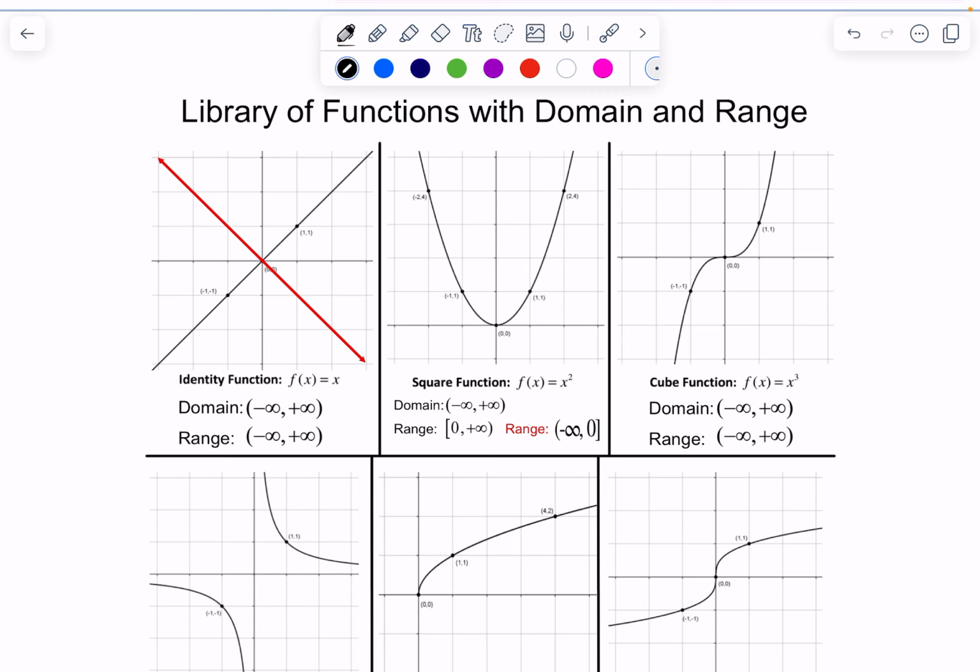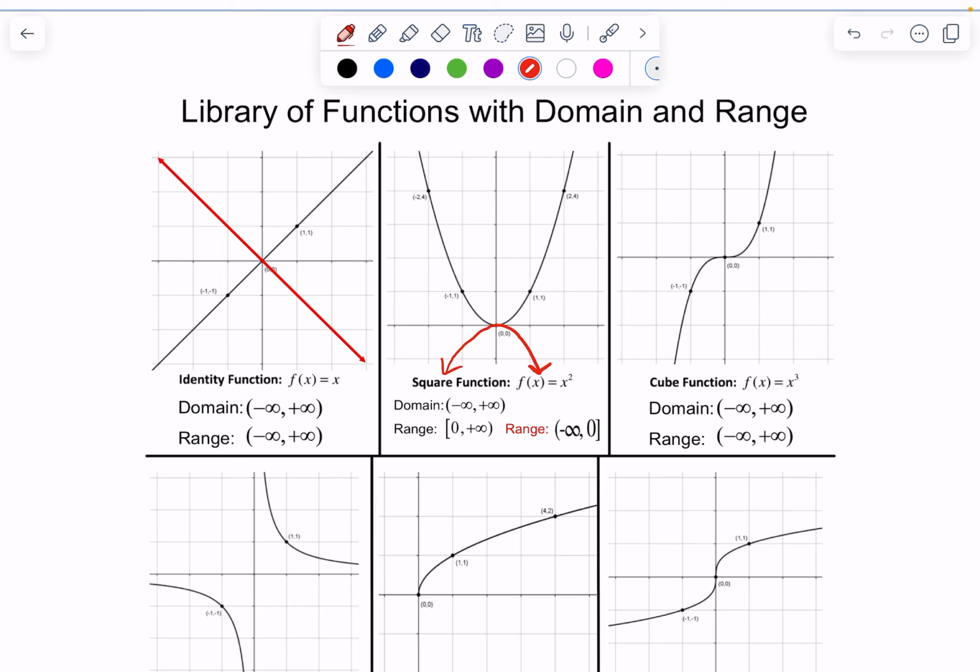When you have an identity function, remember an identity function is a linear function where the y-intercept is 0 and the slope is 1. The black graph here is positive, the red graph is negative. Both the domain and range, whether it's positive or negative, are negative infinity to positive infinity. For a square function or a quadratic function which renders a parabola, we've got the negative side here, which would look like this, going down here in red.